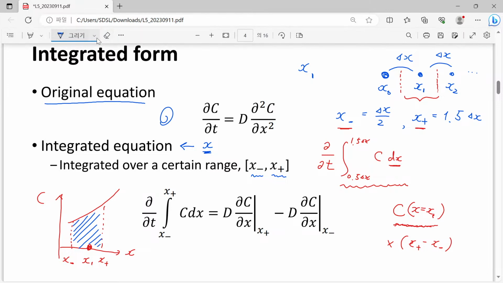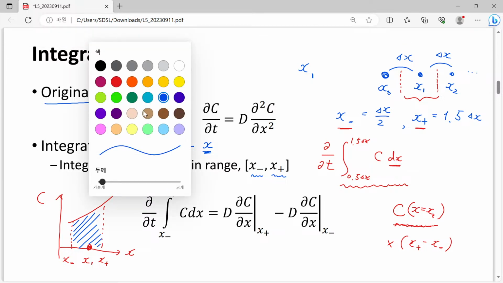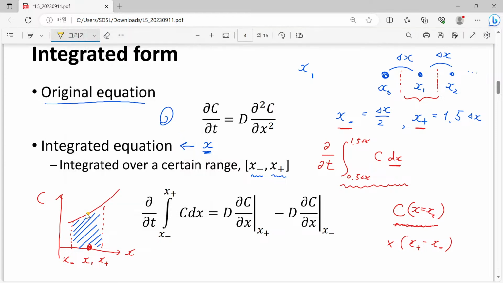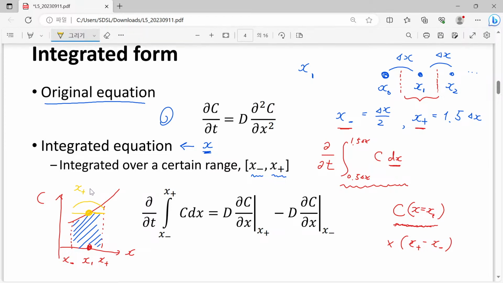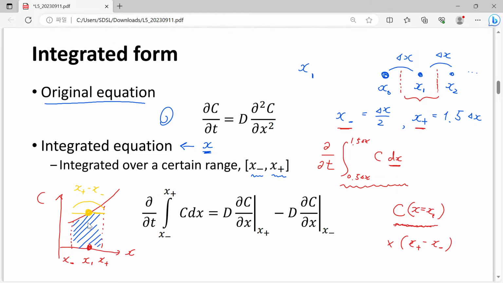We are now saying that instead of taking the real integration, just take the representative value here and multiply the span of our integration range. So this is given by x plus minus x minus, and this is the c value evaluated at x equal to x1. So this is just a way we integrate.